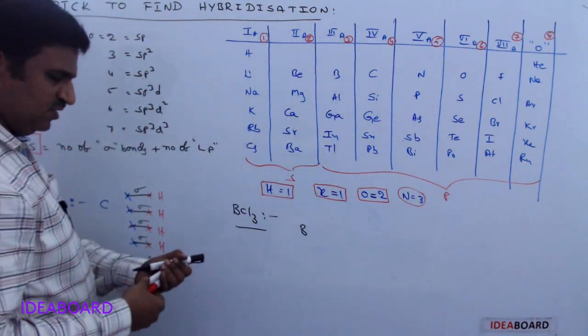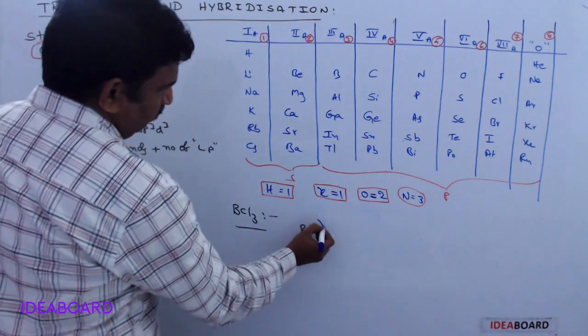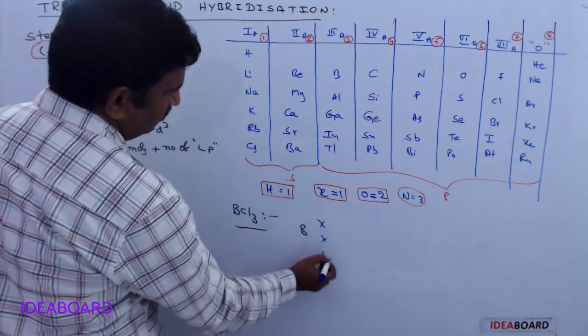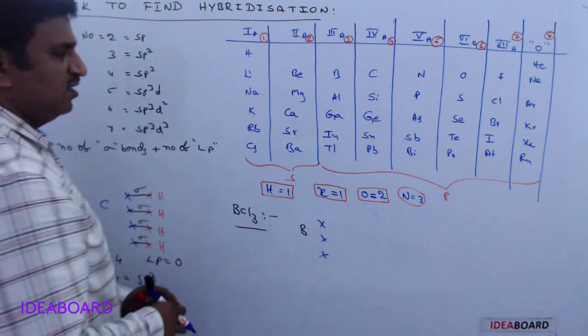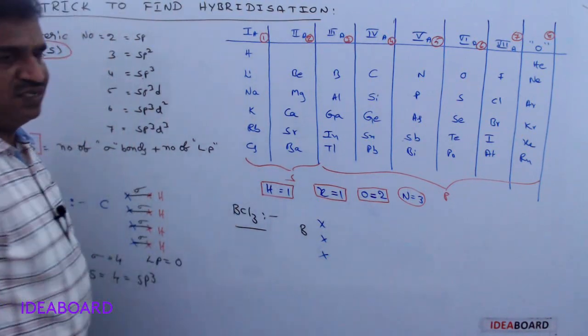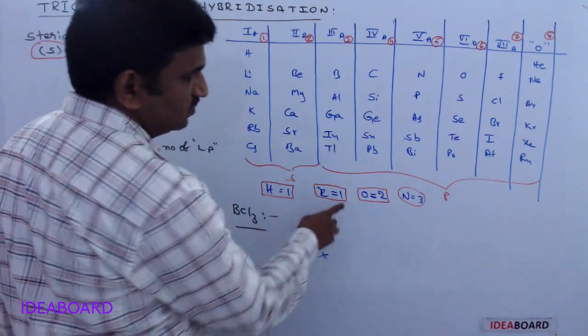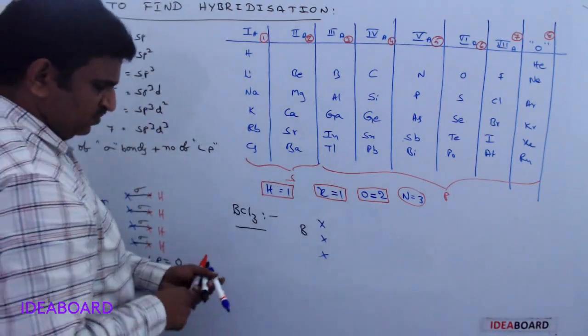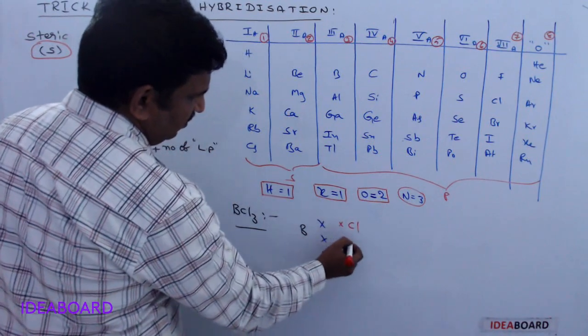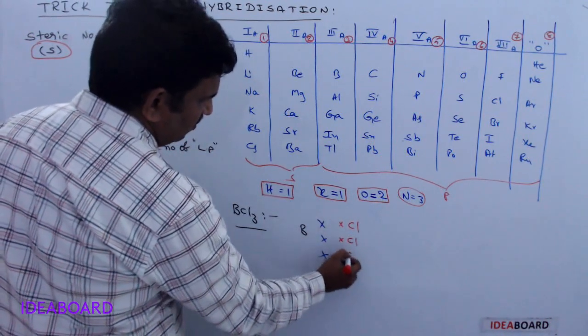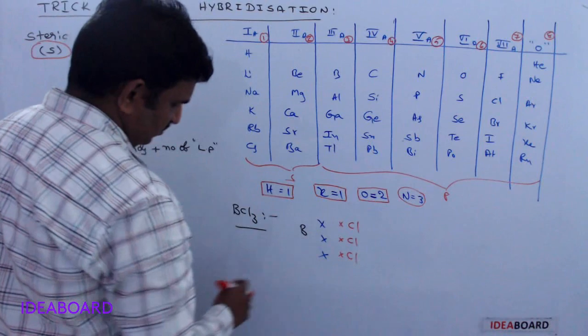So what is its valency? 3. 3 electrons are present. And how many chlorine atoms are there? 3. Each chlorine or halogen gives 1 electron for bonding. So the first chlorine gives 1 electron, the second chlorine another electron, the third chlorine another electron.